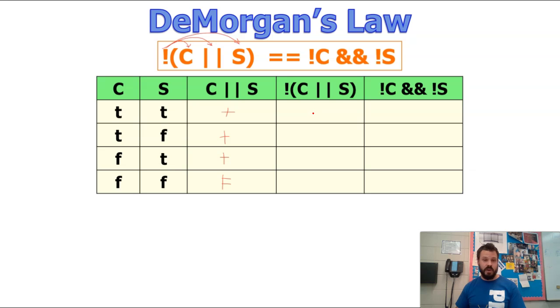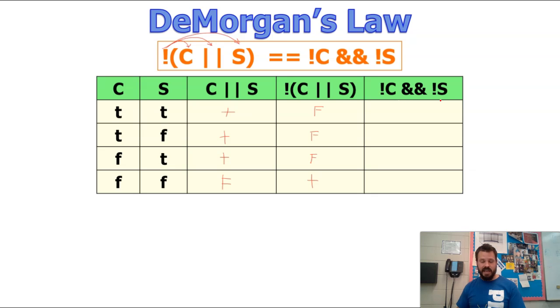It'll be false when C or S is true, and true when C or S is false. And what I want to do to make the proof of this law is show that not (C or S) has the same truth values as not C and not S. So we'll go back to here.